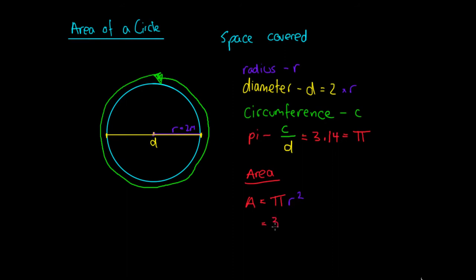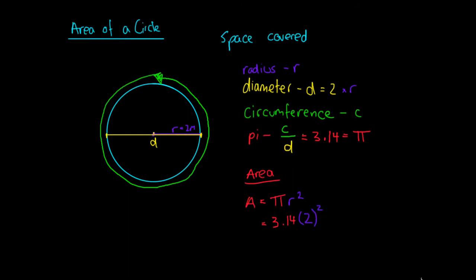So to work out the area of this circle, it's going to be 3.14, and because it's a ratio, it has no units. Then we multiply that by the radius of the circle. The radius of this circle is 2 meters, so we put a 2 in there, and it's to the power of 2.